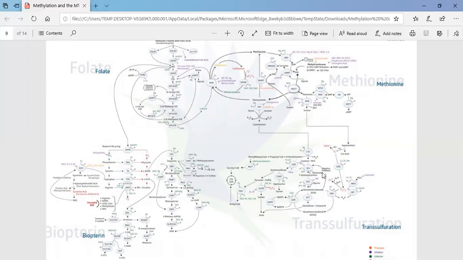MTHFR is just one of the enzymes, one of the DNA that we test, but every circle in here means a different gene, and when you do a comprehensive genetic panel, we can look at every single one of them. But MTHFR is like the first one, and it's so important because there's so much research about it.